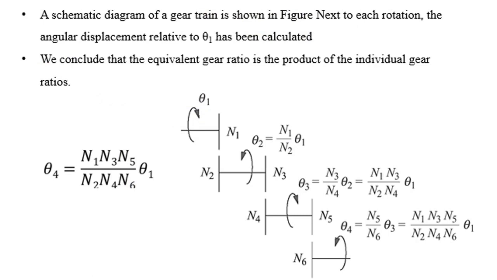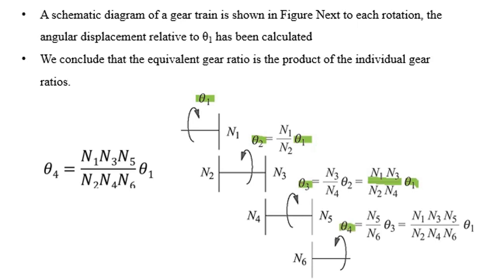Now students, the schematic diagram of the gear train is represented, where angular displacement covered by input is theta1 of t. Then the second gear has angular displacement theta2, which is equal to the ratio of n1 over n2 multiplied by theta1. The third stage has angular displacement theta3, which is equal to the product of ratios of n1 over n2 and n3 over n4, and this whole multiplied by theta1.